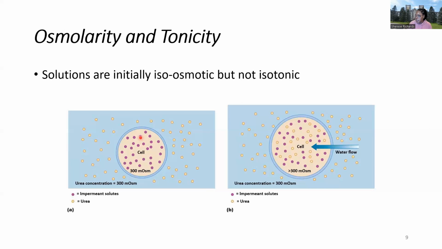Any predictions? I'm not seeing any. So basically, this is going to be hypotonic, right? Because if we ignore the solute in yellow, then there is no solute on the outside. And if we ignore the solute in yellow on the inside of the cell, there is only the purple solutes, right? The impermeant solutes.